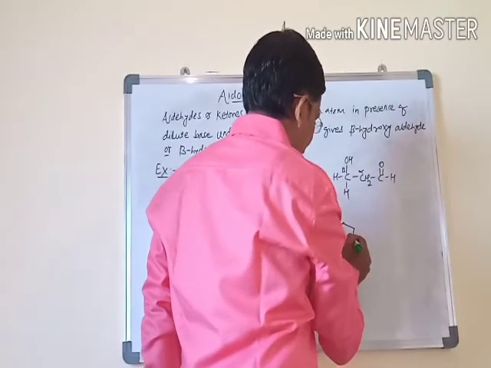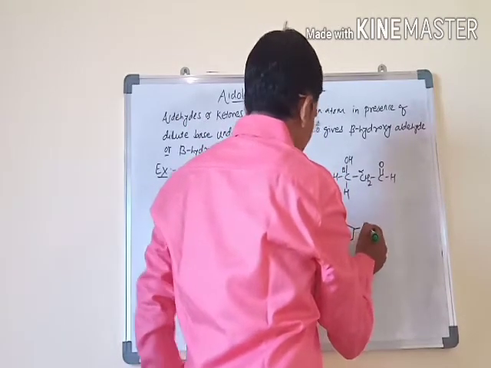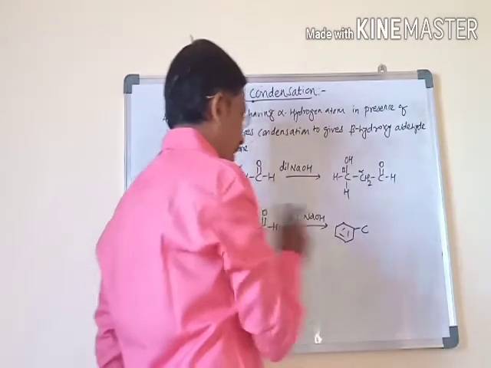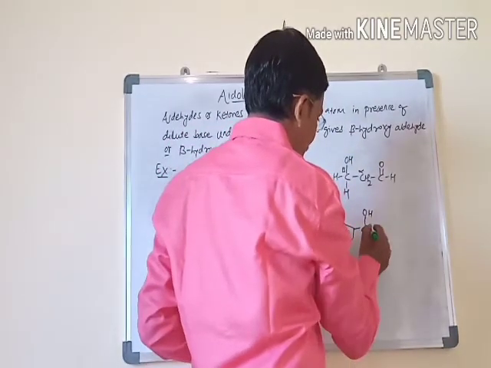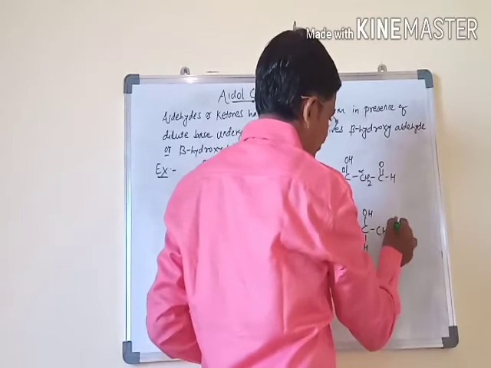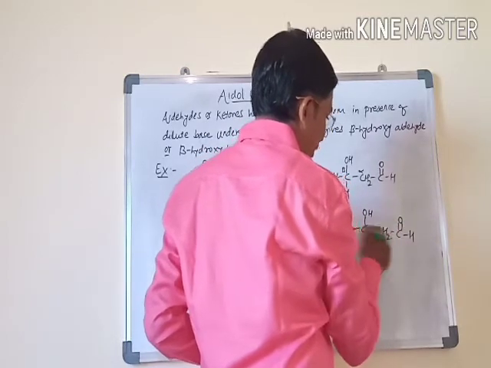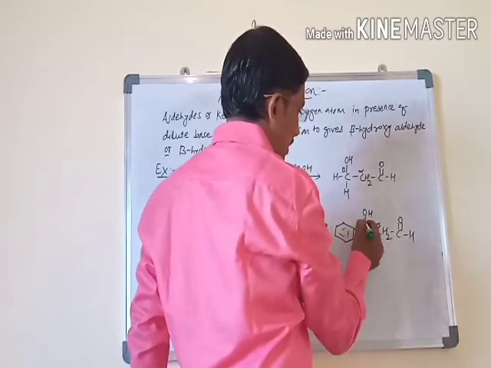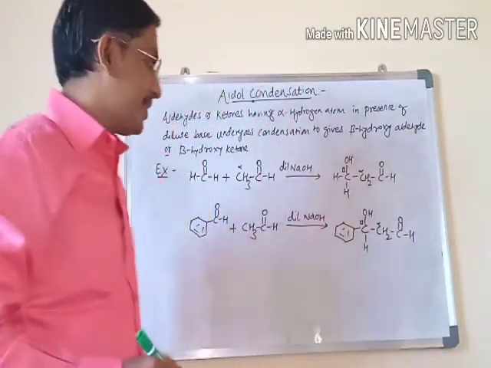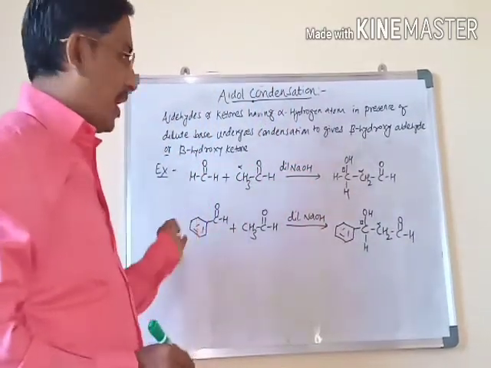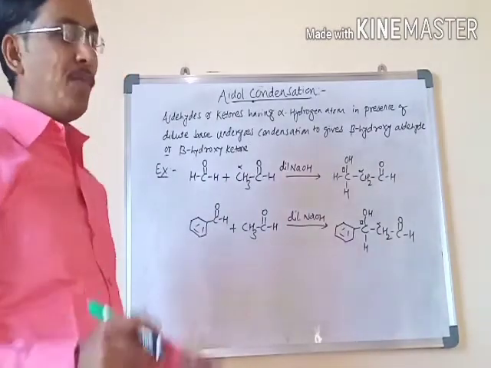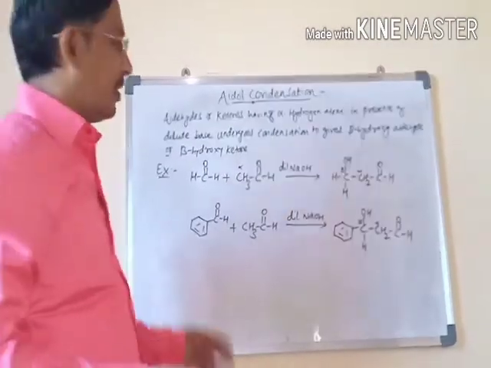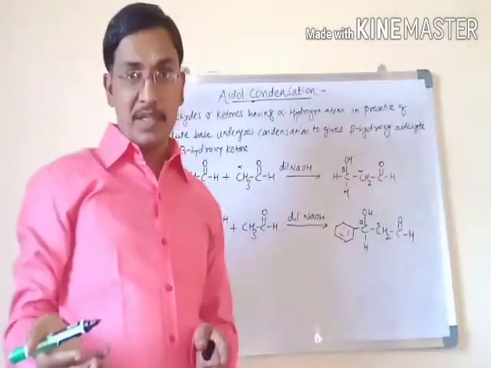Here the CH2 minus will attack this carbon, it becomes hydroxy, here CH2CHO. Again it is a beta hydroxy aldehyde, this is the alpha carbon, this is the beta. In this way you can do a number of reactions. If both compounds contain the alpha hydrogen atom, then we will get a mixture of products.